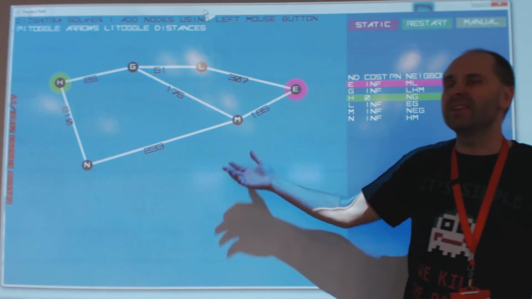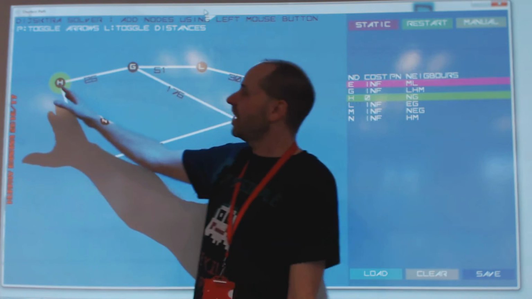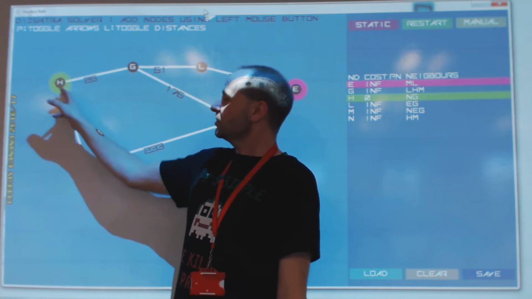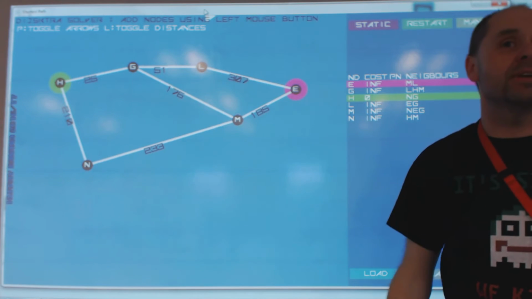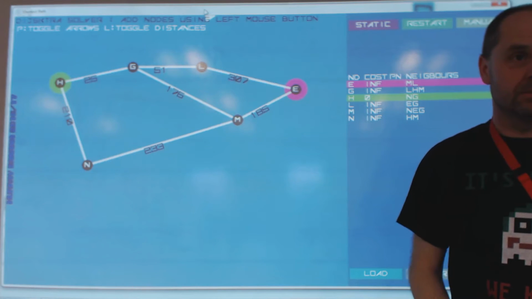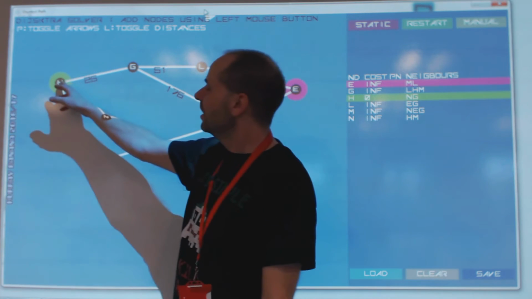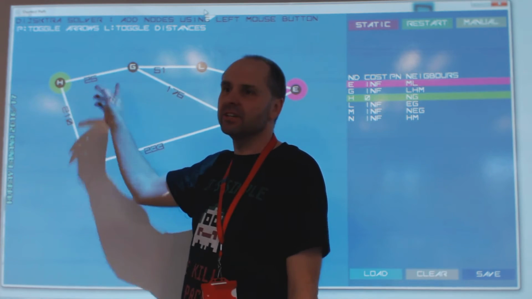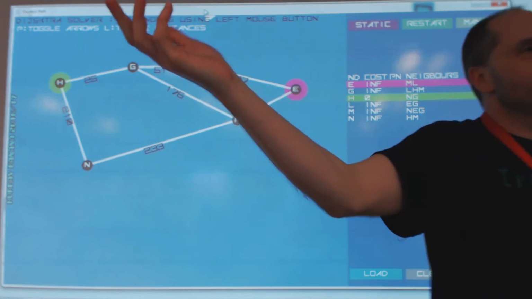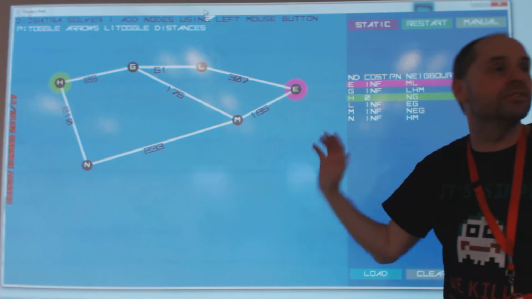The way that Dijkstra works, it starts off from the start node and says, how much is it going to cost me to get to my neighbours? The cost to get from a node to its neighbour is the distance. Now, this isn't just meaning physical distance. You can represent lots of different things.